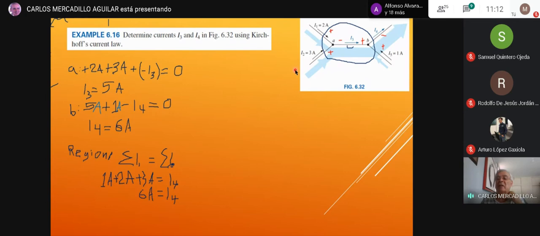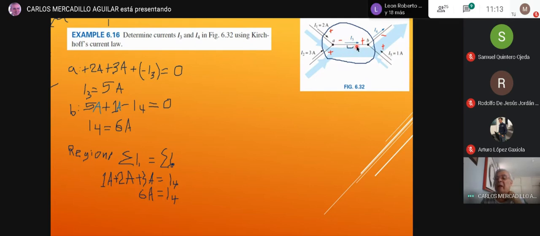In this case, we can see that into the border is I2, also I1. I4 is leaving, so we'll have also this negative sign, and I5 is positive because it's coming into the border.